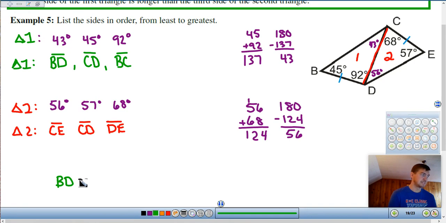BD and CE are equal to each other. And they're going to be first because they're the shortest. After BD is CD. And so we know that that one's next. And now the question is, what about BC or DE?